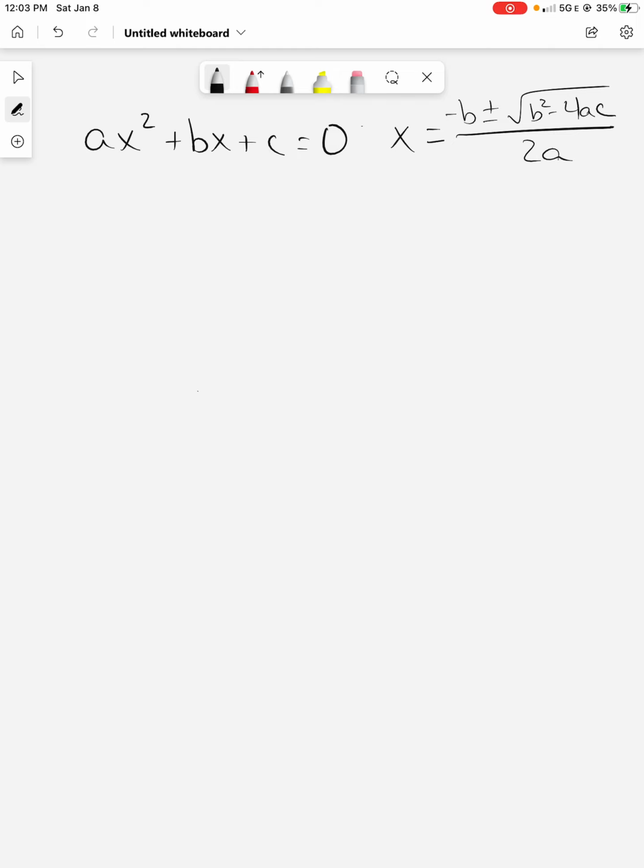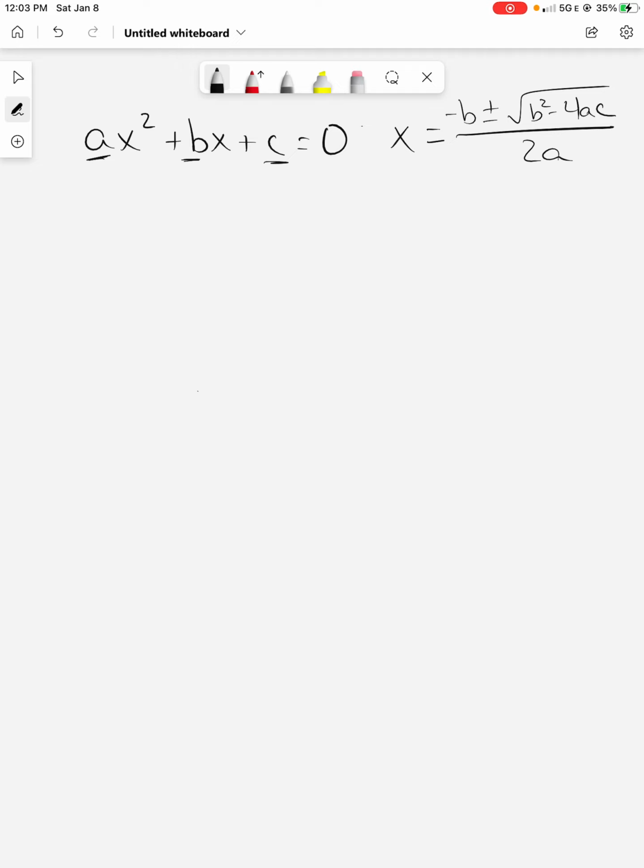So if you have a quadratic equation such as this, right, it is true that x is always equal to, when you solve it, negative b plus or minus the square root of b squared minus 4ac over 2a. So a, b, and c are just the numbers in each term, the coefficients as they're called.